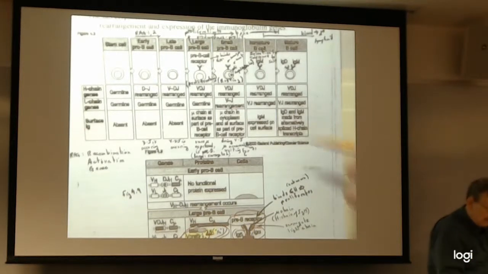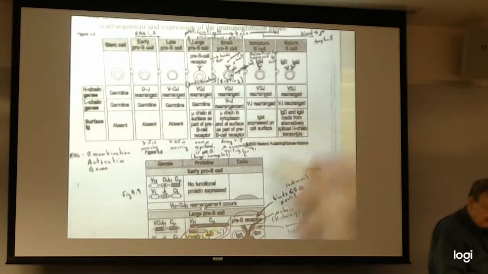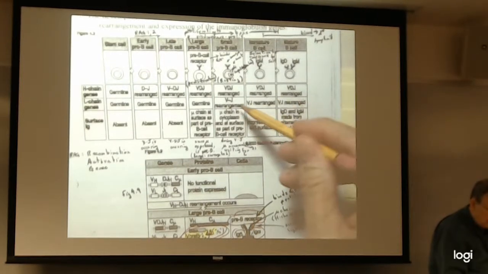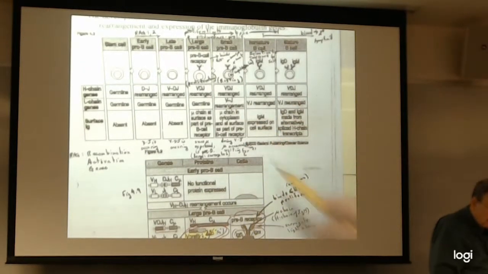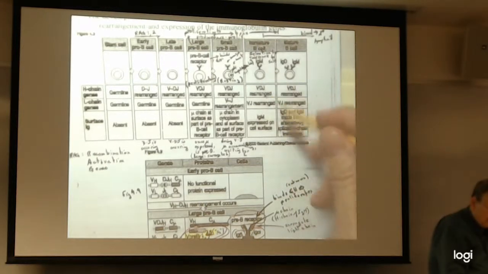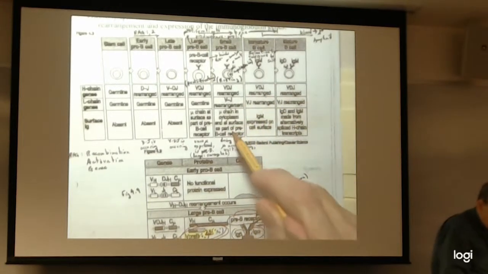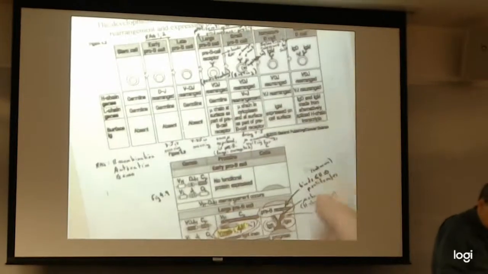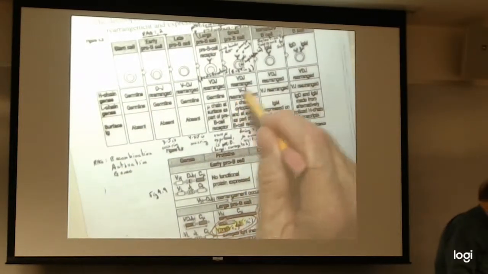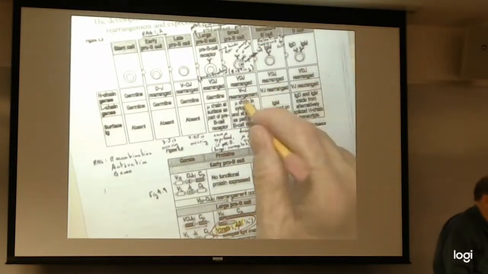And we first try to make a kappa light chain, and so forth. We're not worrying about that here. But this is just saying that we've made the heavy chain. Now we're trying to make the light chains here, V and J. This figure doesn't talk about kappa and lambda yet.